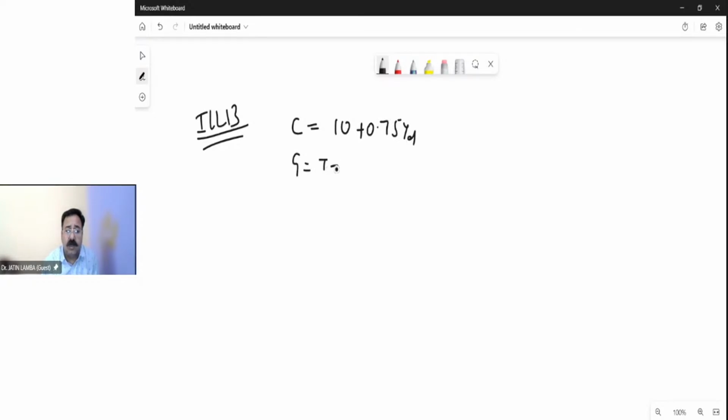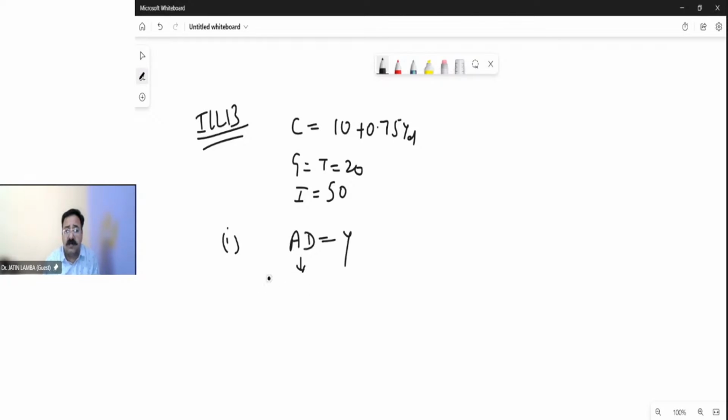G and T both are 20. And I, that is called investment, is 50. Now, the first part of the question is find the equilibrium level. What is equilibrium, बच्चों? AD is equal to Y.